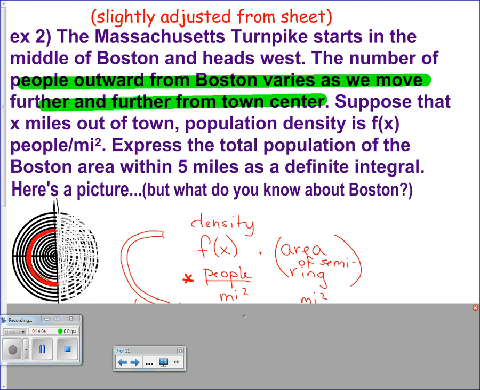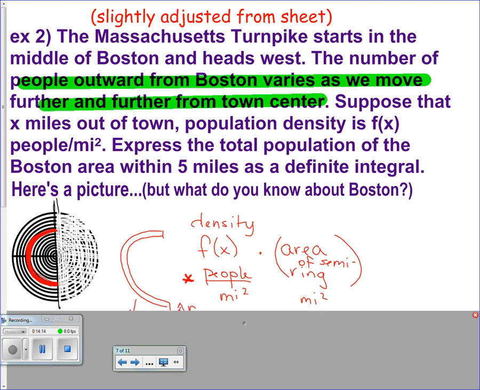Okay, now this is where it gets a little interesting. The area of one semi-ring is going to be in miles squared. We know that already, but how do we go about approximating that area?